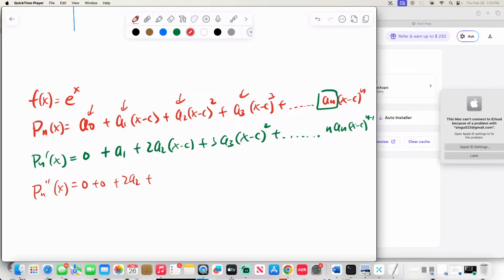And then plus what? 3 times 2 times a3 times (x minus c) to the 1, right? And plus dot dot dot to what? Eventually it's n factorial, but right now it's n times (n minus 1) times an times (x minus c) to the n minus 2.